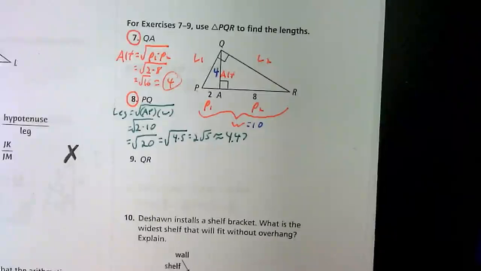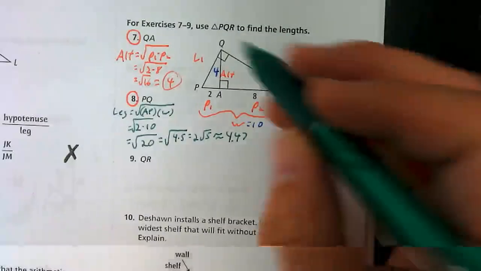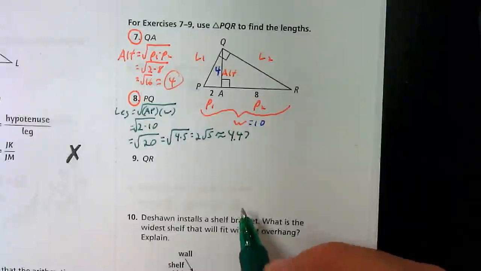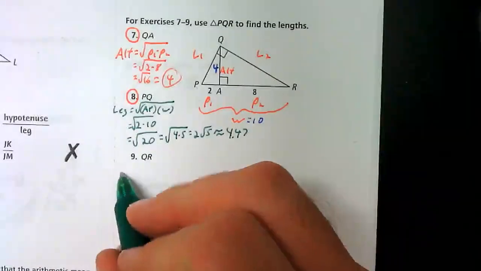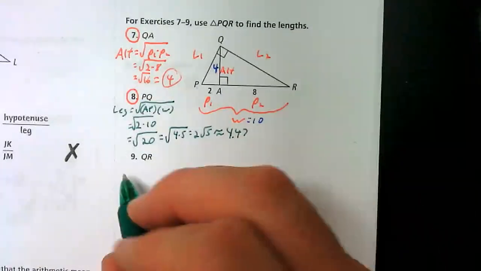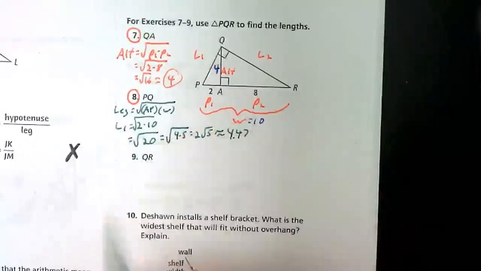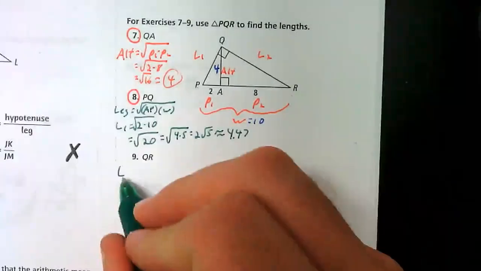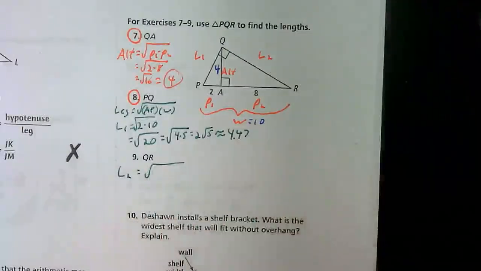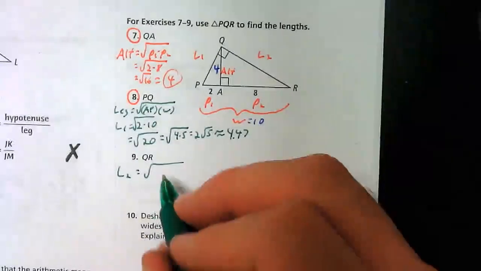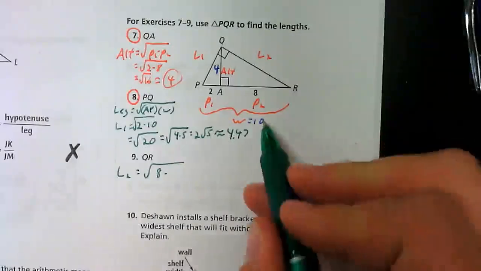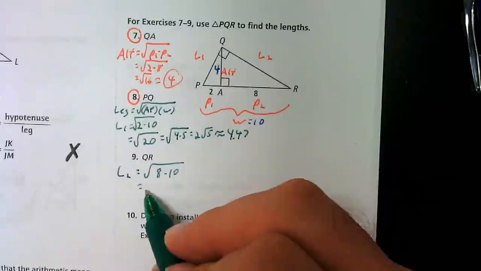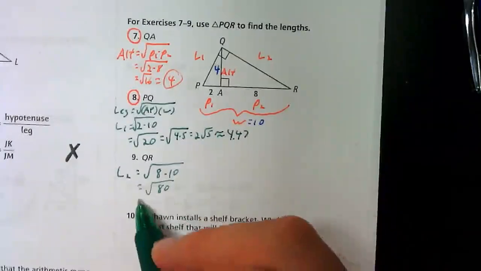QR. For QR, that's the other leg. So now we're plugging in pretty much the same thing we did up here. We're still using the same formula, but now we're looking for leg 2. Up here we just found leg 1. Now it's leg 2. So the adjacent part to leg 2 is part 2, which was 8. The whole is still 10. So now this is the square root of 80.